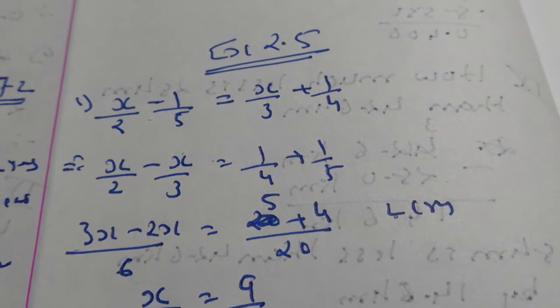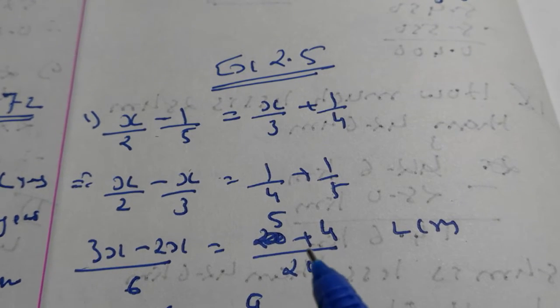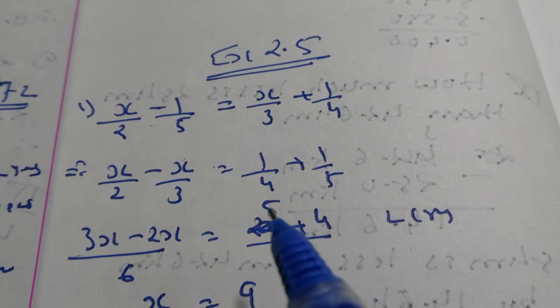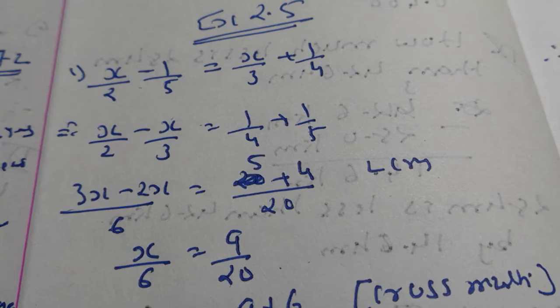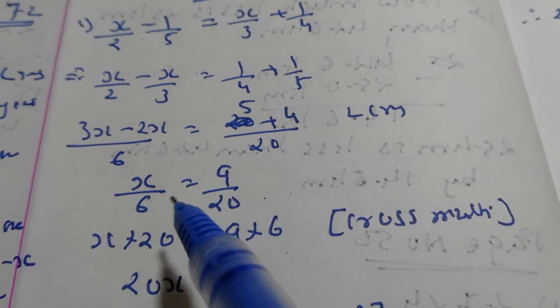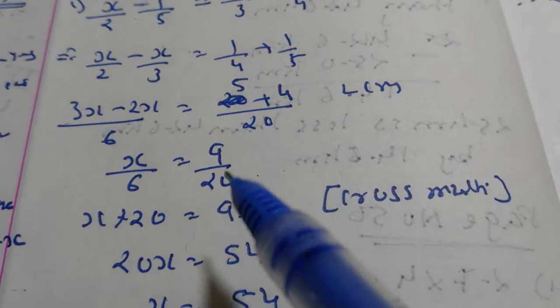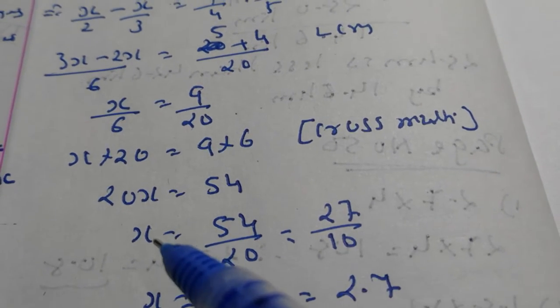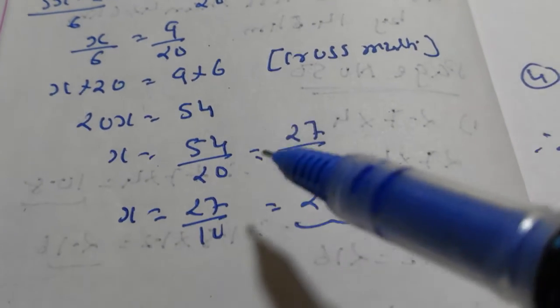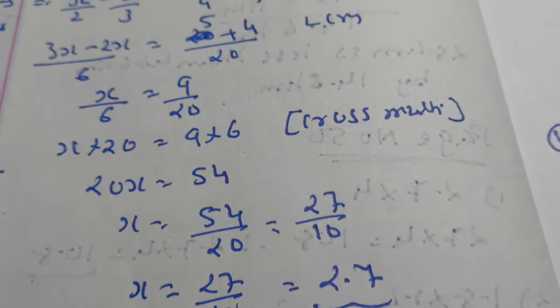Taking LCM, 6 is the LCM, so 3x minus 2x. 4 5s are 20 is the LCM, 5 plus 4. That is x upon 6 is equal to 9 upon 20. So cross multiplication, 20 goes over here, so x into 20 becomes 20x and 6 into 9 becomes 54. So x is equal to 54 upon 20. That is 27 upon 10. So x is equal to 2.7.